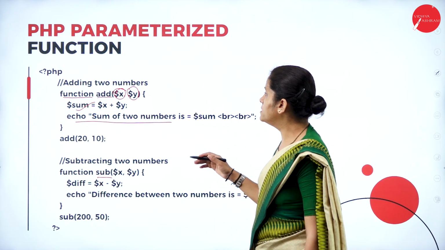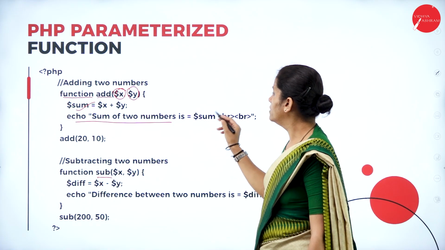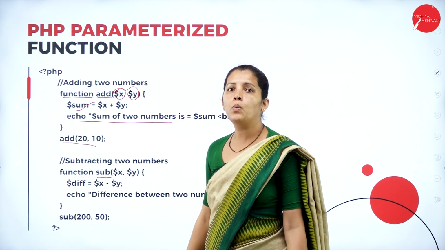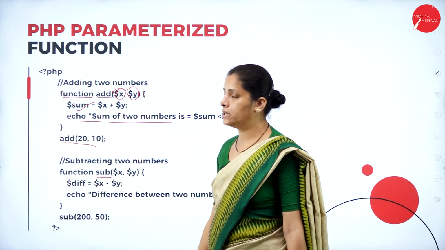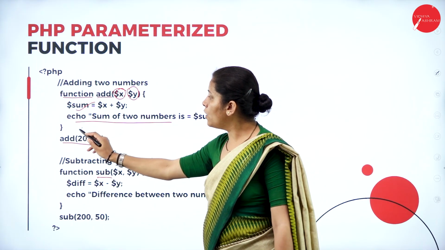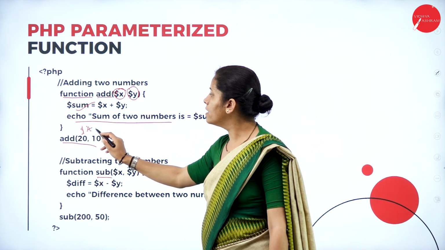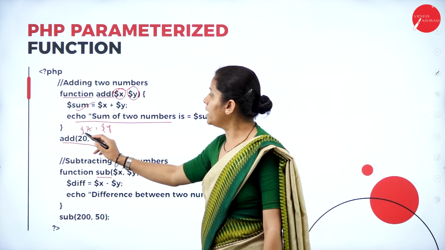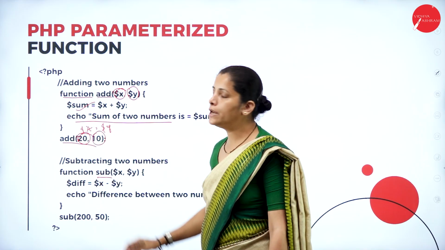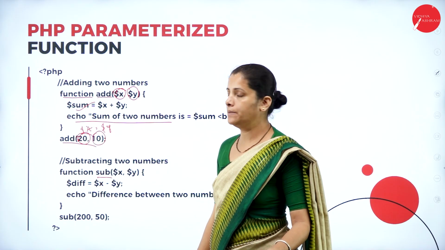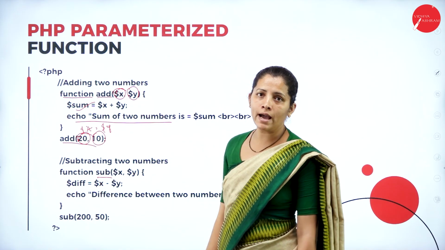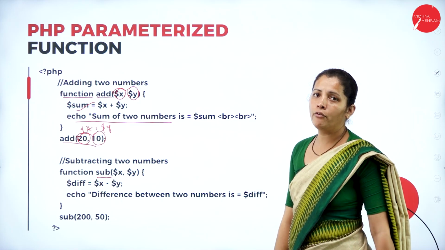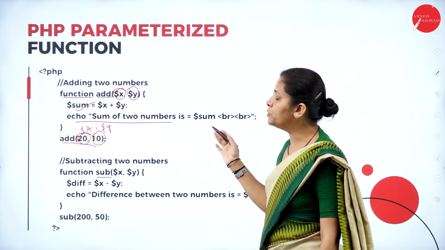If I write $x, $y, I'm passing the parameters. What am I passing here? I'm passing the values 20 and 10. So x holds the value 20 and y holds the value 10. After performing summation, I get the output 30.